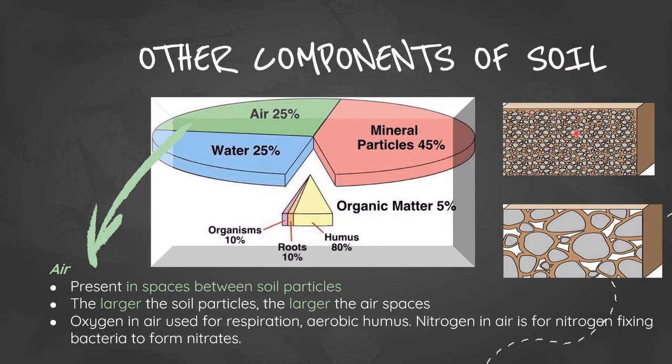It's very hard to make out the air spaces because they're so tiny. Oxygen in air is used for respiration and for aerobic humus. Nitrogen in the air is used by the nitrogen fixing bacteria to form nitrates.